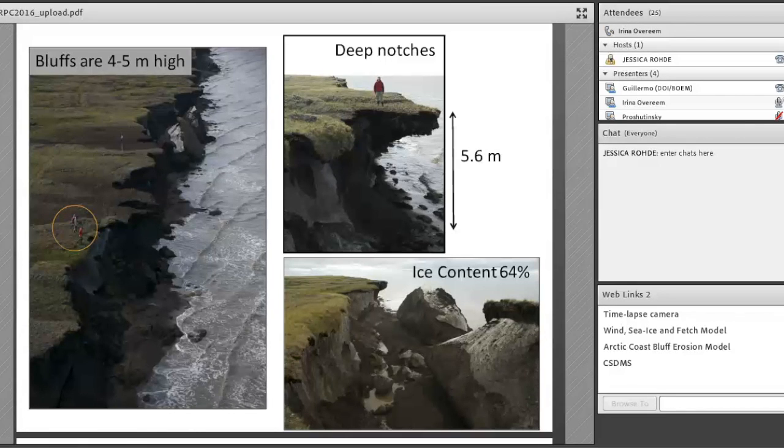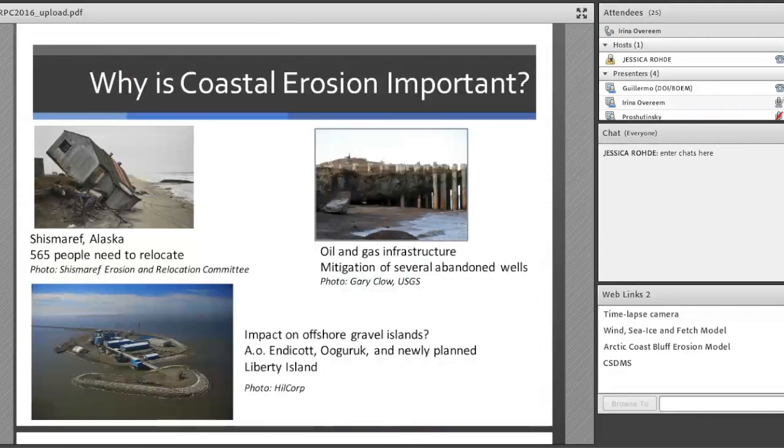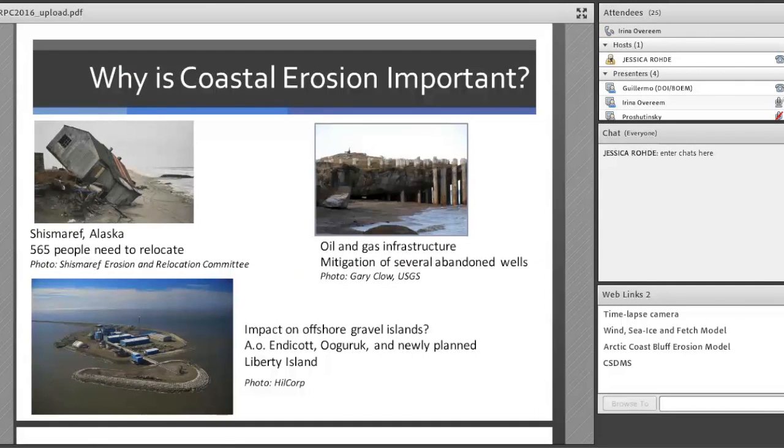And this process of crumbling away has been happening naturally already, but what we've been seeing is a speed up of this process. So why would we be interested? Well, there's oil and gas infrastructure that was really close to the coast. There are DEW Line sites that were right on the coast.